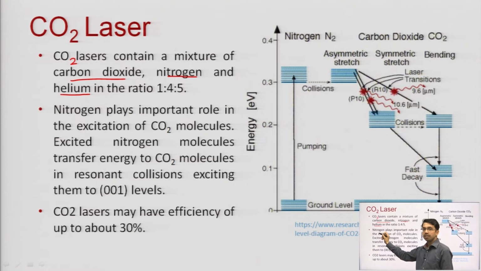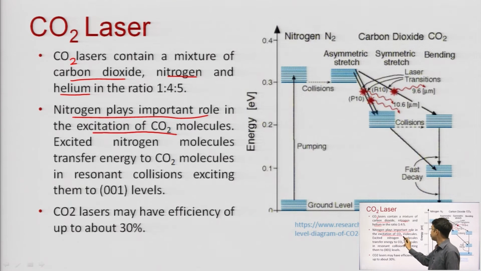Again, like in the helium neon laser, where helium is used for excitation, similarly nitrogen plays an important role in excitation of CO2 molecules. First, nitrogen molecules get excited and they transfer their energy to CO2 molecules through collision. Excited nitrogen molecules transfer energy to CO2 molecules in resonant collisions, exciting them to which level? The 001 level, pure asymmetric with 1 quantum of energy.